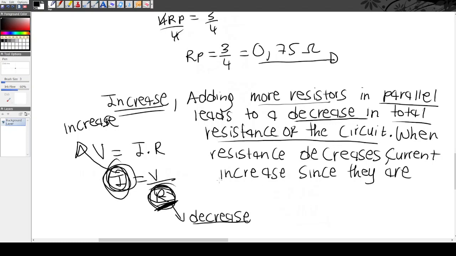They are inversely proportional, according to Ohm's law.